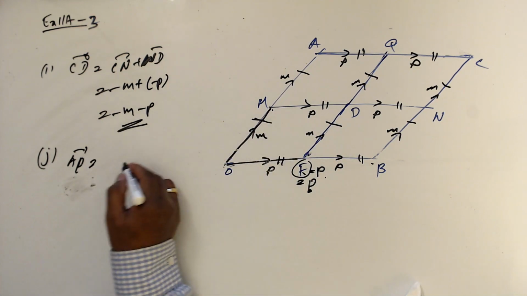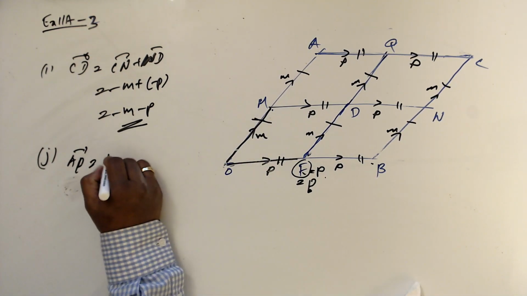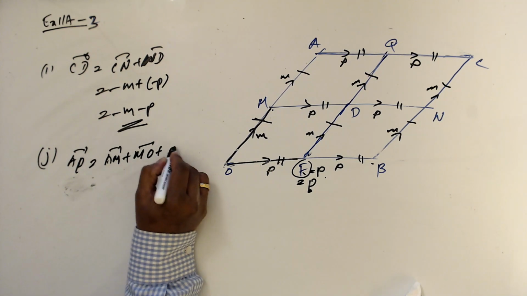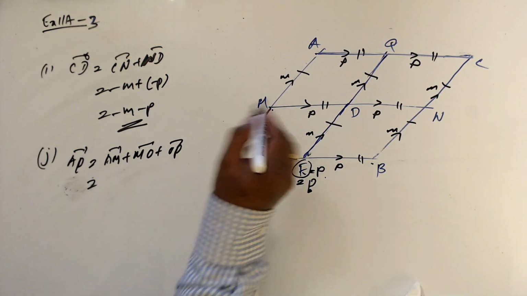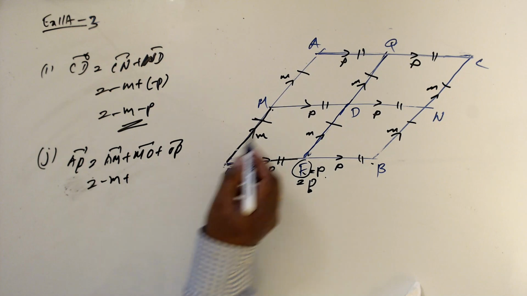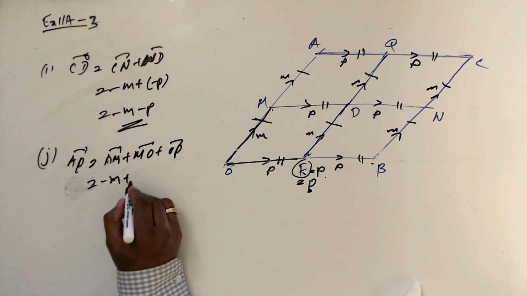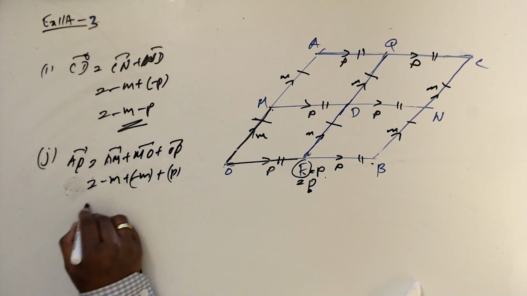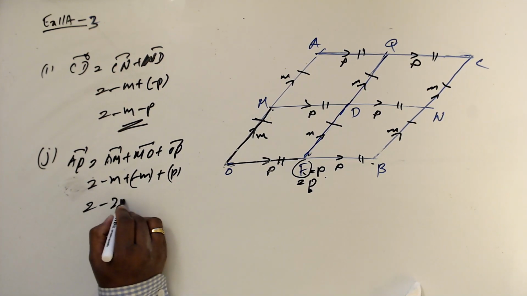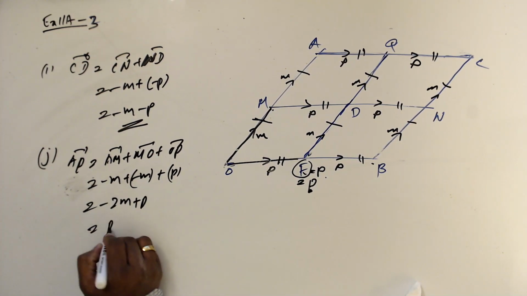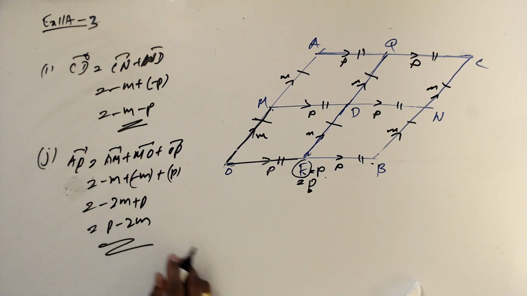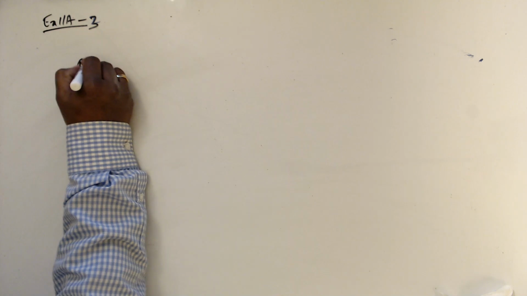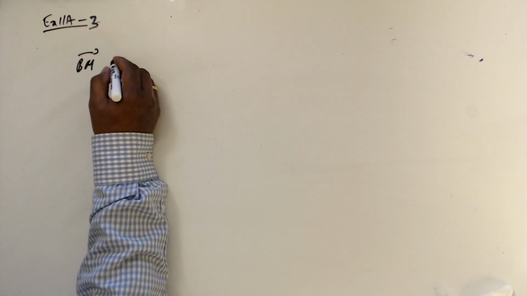Then AP is AM plus MO plus OP. So AM is minus M, MO is minus M again, and OP is P. So this is minus 2M plus P, so P minus 2M. Now you can look at it from the book. BM you want to find.